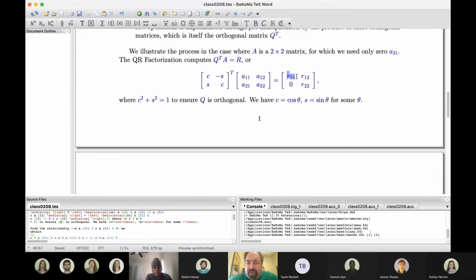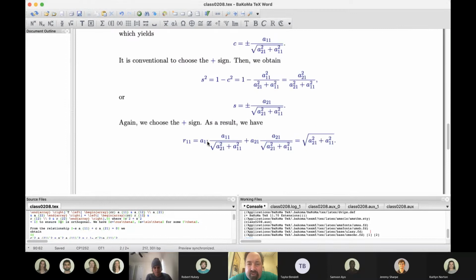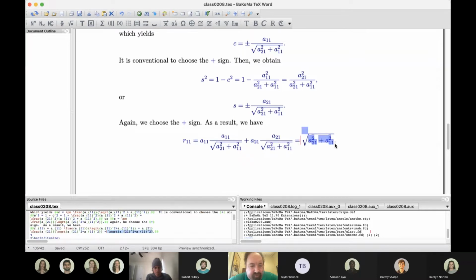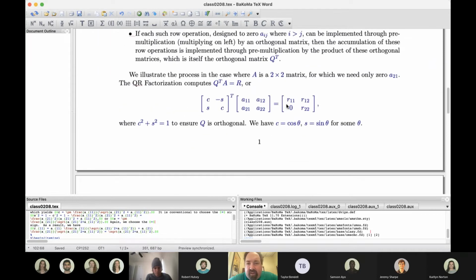Now, what about this entry? I go ahead and compute that by filling in C and S, and I simplify everything, and this is what I get. Now, it makes sense that R11 turns out to be the magnitude of this column, which is the square root of the sum of squares. Why?